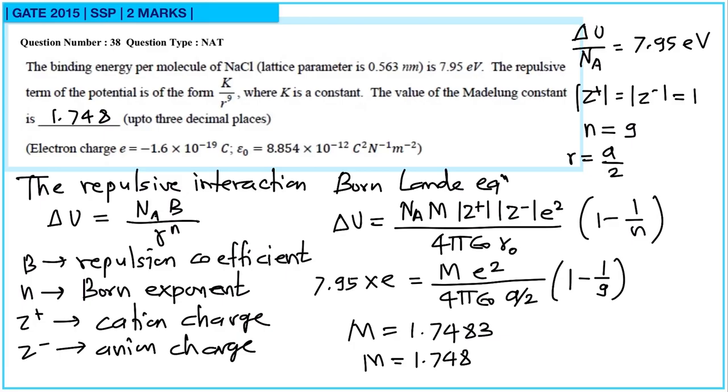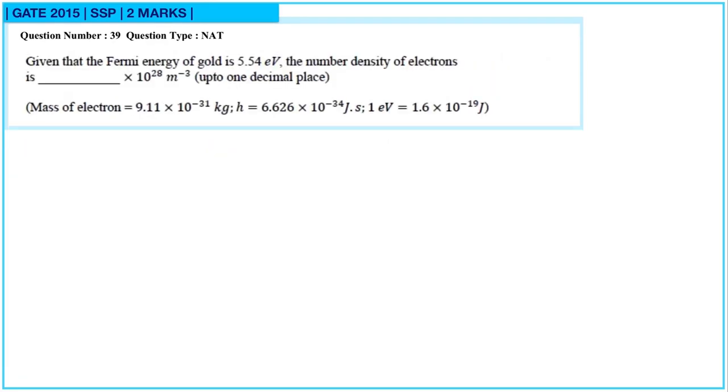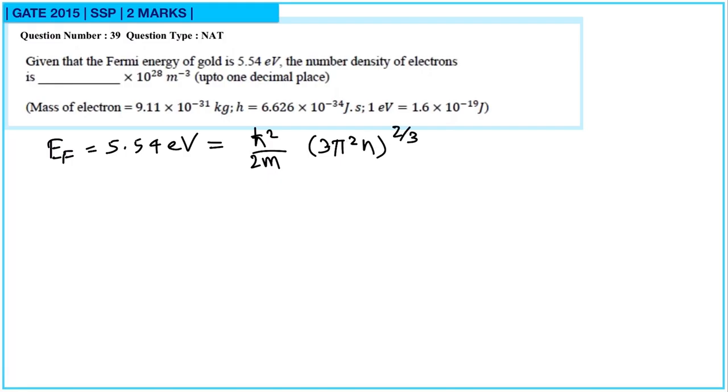Next question. Given that the Fermi energy of gold is 5.55 electron volt, the number density of electrons is? Here EF is given, EF is equal to 5.54 electron volt, and that is equal to h cross square by twice m into 3 pi square into n raised to 2 by 3. This is the formula.